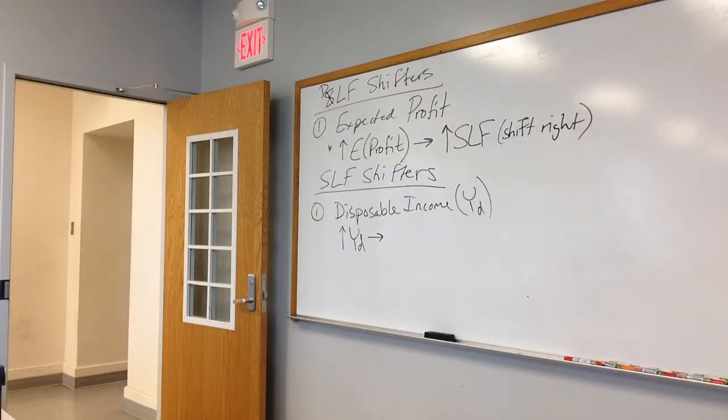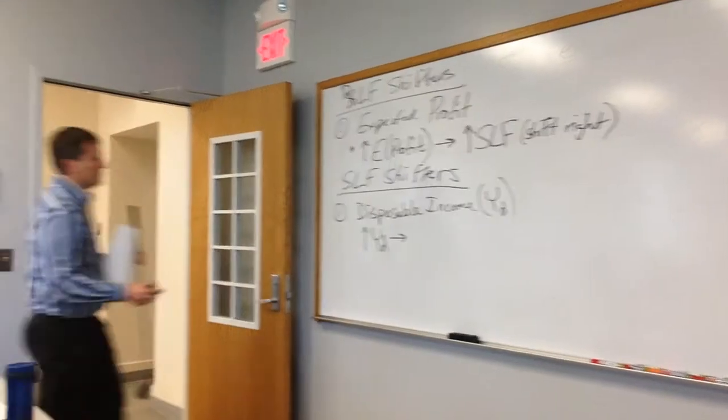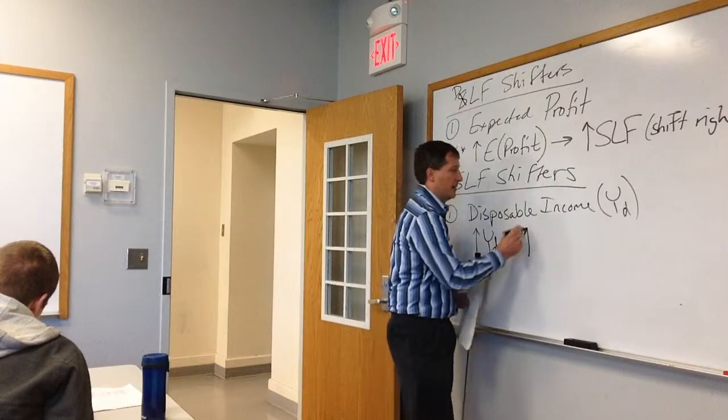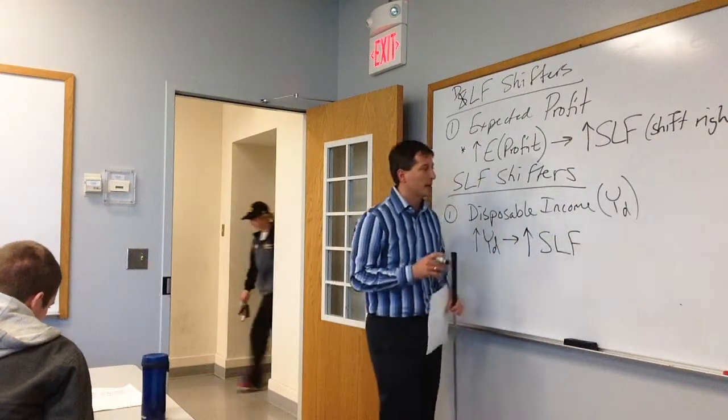Remember when we talked about putting 90% of it towards pizza and $10 in the bank? So if we have more of it, we'll probably do more of both. Both those things would tend to be normal goods. We're going to consume more today, and we're going to attempt to consume more tomorrow. So an increase in disposable income leads to an increase in the supply of loanable funds.